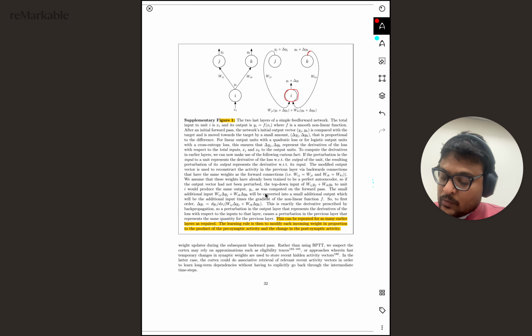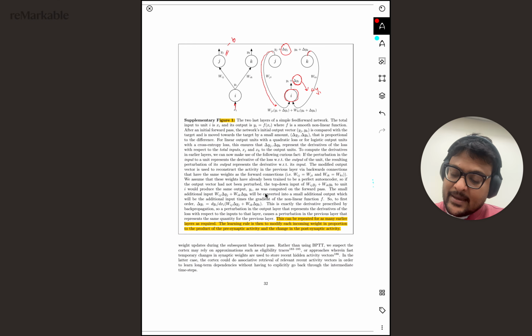So you had xi, you computed this yi, you computed the difference with target, which you call delta yij, and then once you use the top-down neural network to feed back the activity in, you get this new activity which is delta yi, and this delta yi is essentially the error signal at this particular layer.